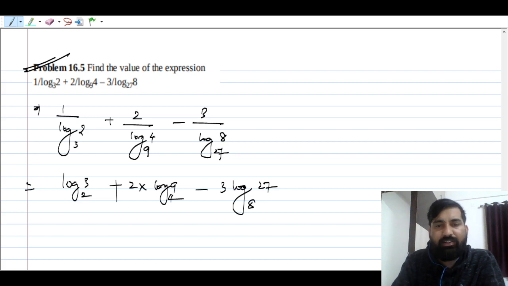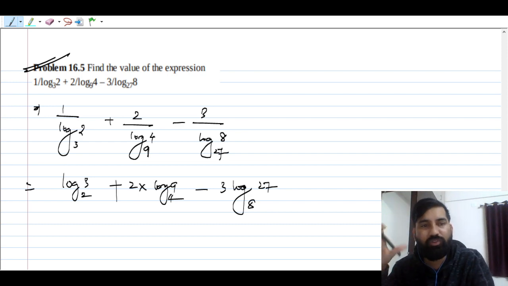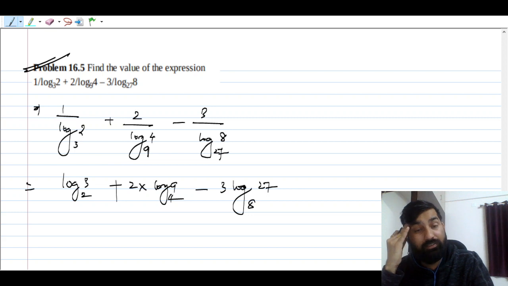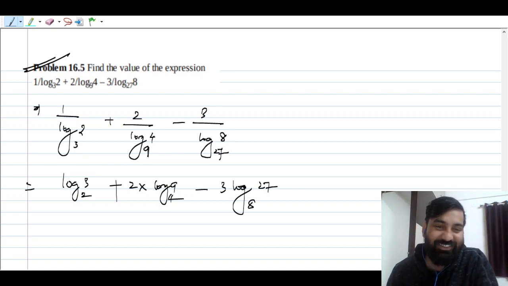And then what you can do here is you can just think about it. Okay, तो आपको नए बेस में चेंज करना पड़ेगा. मतलब you want log 2 only, because if all are log 2, then you can use product and quotient, right? So अगर आप सेम यूज करो तो बहुत ही अच्छा है, right?